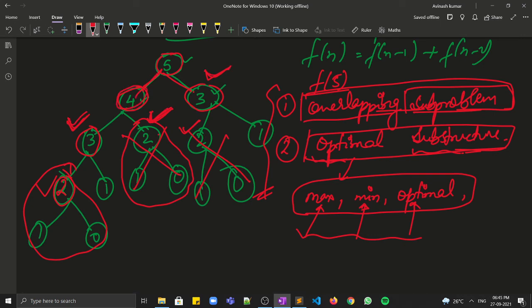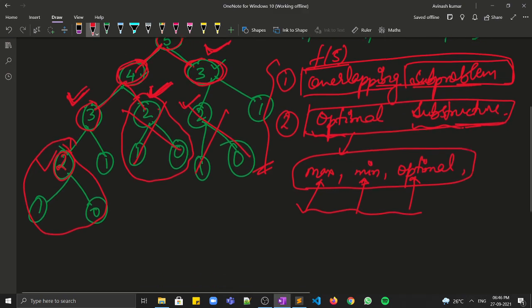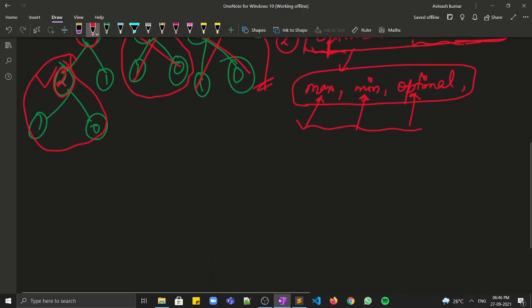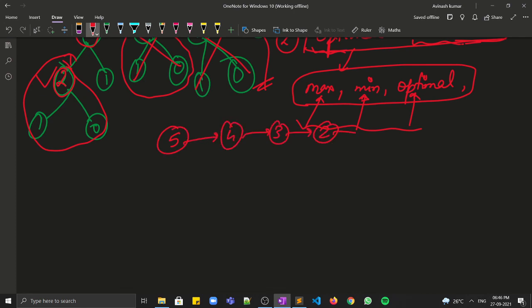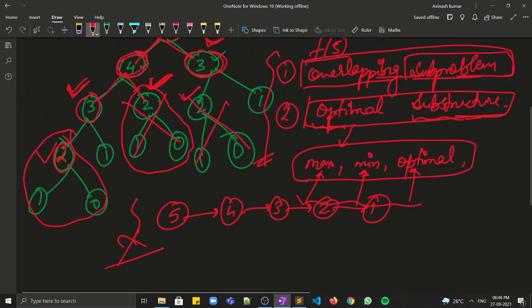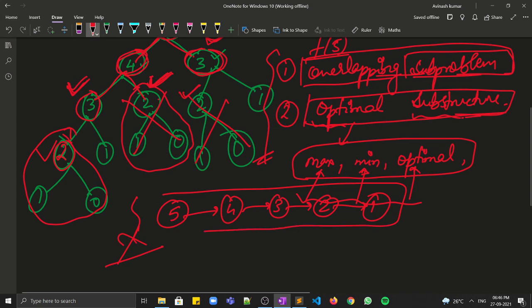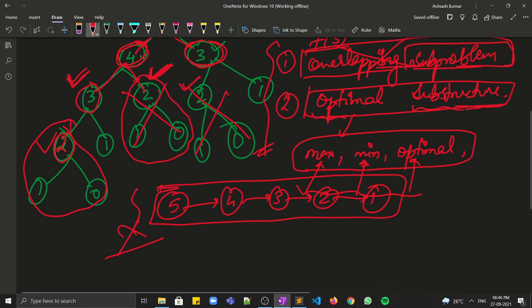Here you can observe 5 has branches 4 and 3, 4 has branches 3 and 2. But a problem like factorial, where 5 calls 4, 4 calls 3, 3 calls 2, 2 calls 1, here we don't need dynamic programming, right? Because it is linear in nature and there is no branching. So the overlapping sub problem condition will never occur. So this problem can be solved without dynamic programming also.